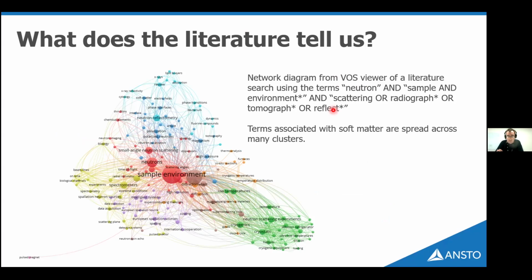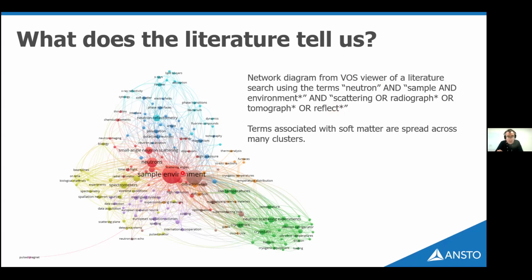We did this using the search term you can see on the screen: neutron and sample environment and scattering and tomography and imaging and reflectometry. And it gives you this network of the related terms.